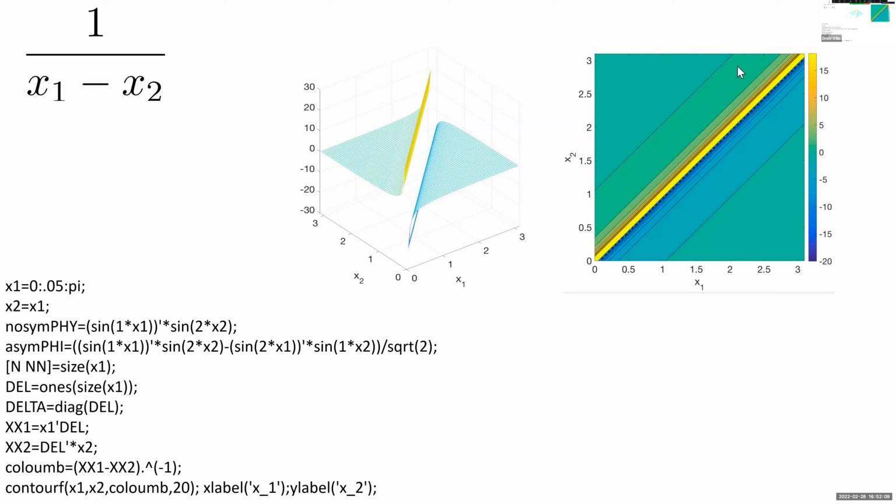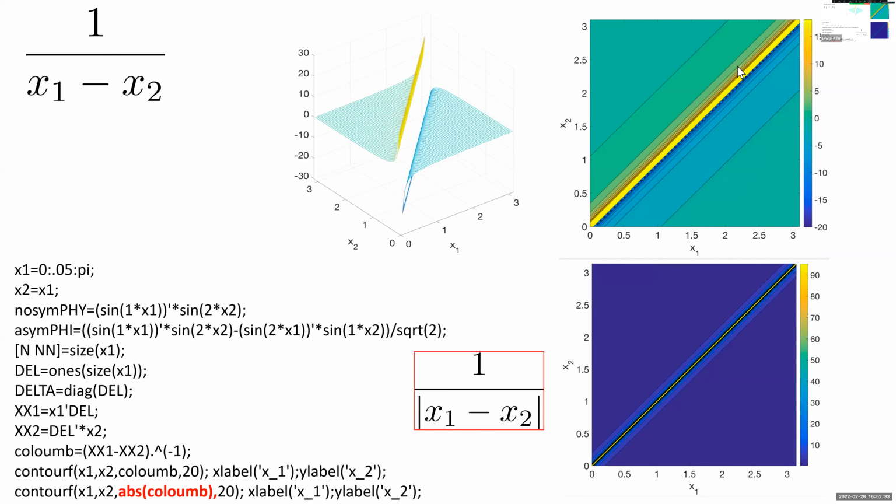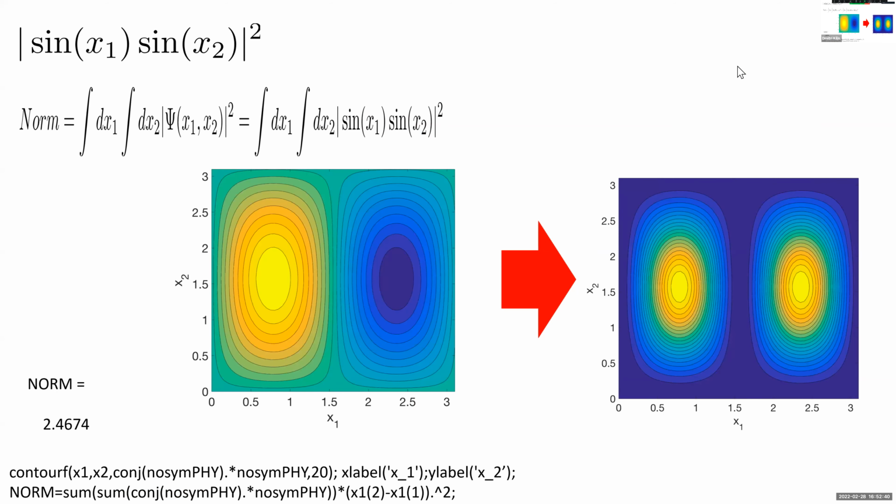Now another experiment. If we want to find the expectation value of the Coulomb, so we put 1 over x1 minus x2, which is like a divergent thing along the main diagonal, right? So when x1 equals x2, it will be infinitely high or infinitely low on the main diagonal. So if you take this Coulomb operator and convolute it with the Hartree product, there will be an interesting observation.